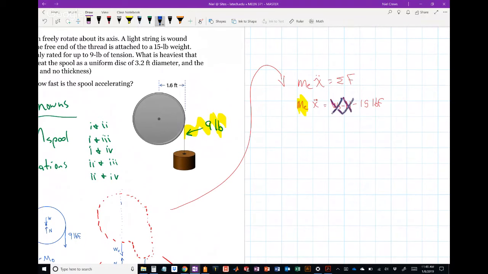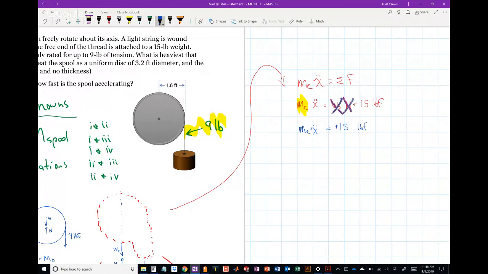So our equation simplifies to m_e x double dot equals negative 15 pound force. Wait a minute, no, hang on. This should be a positive because I'm saying positive x is downward. There we go. That's going to give us a positive force downward.